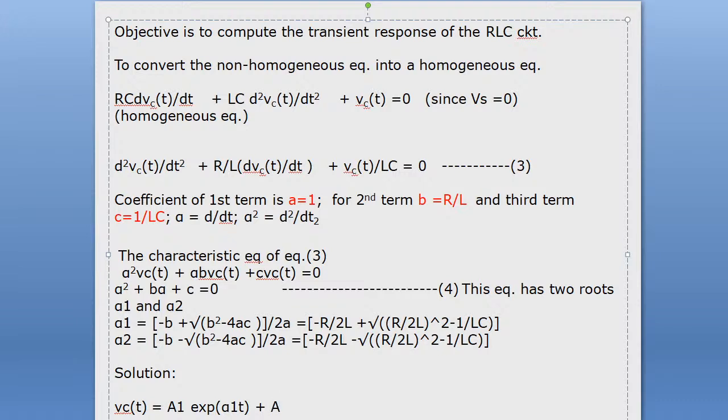We can calculate their values by considering the initial conditions of the current and voltage.